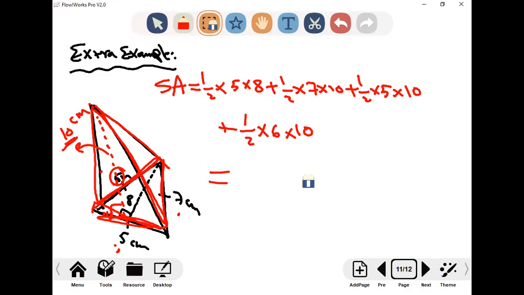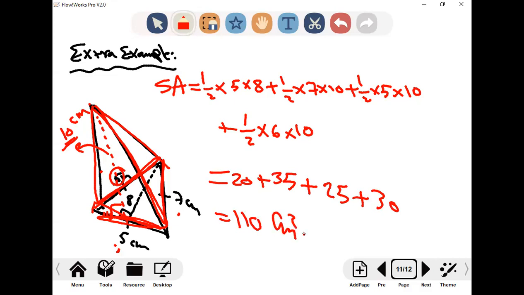This will be 20, here 35, here 25, and here 30. Add them. Are you sure? 110. Done? Right.